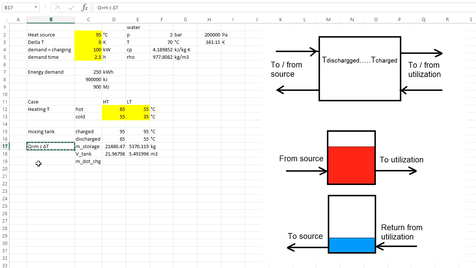Basically a similar equation as here, just it would be heat power in kilowatts, so Q dot, and we would get kilograms per second, so instead of the mass we get m dot.